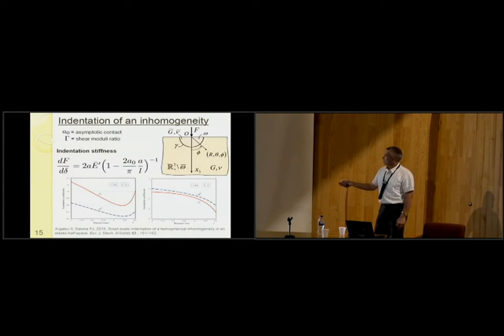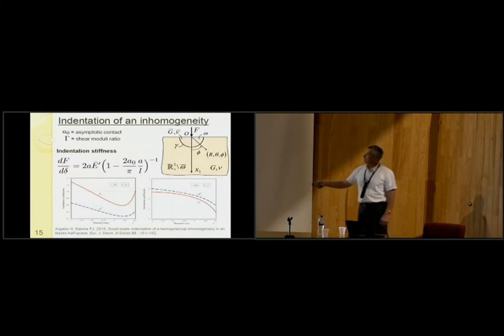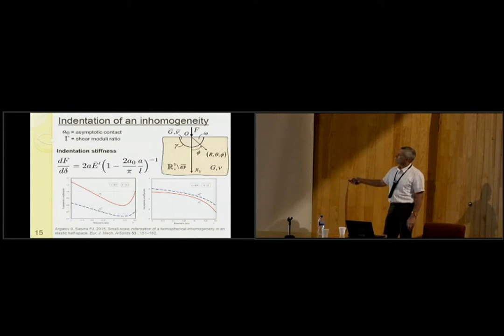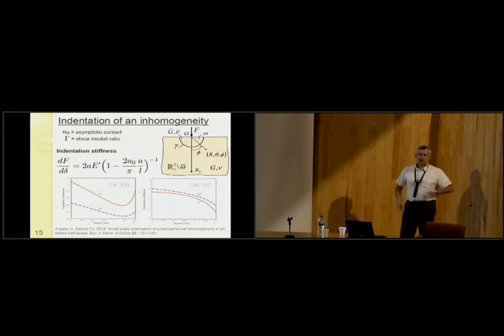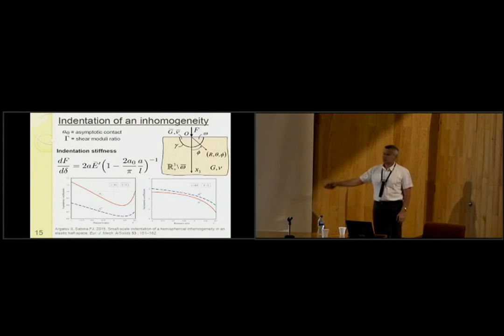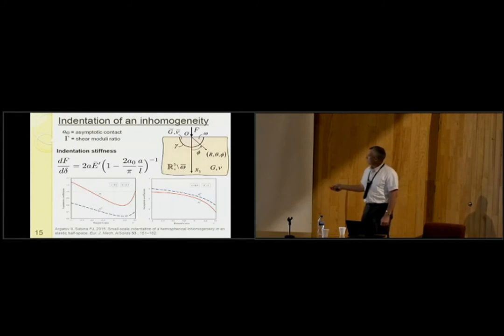These two cases differ by the relative properties of matrix and inclusion. Here, inclusion is more stiff. Here, on the contrary, matrix is more stiff than the inclusion. Dashed lines correspond to the solution when inclusion represents elastic layer.